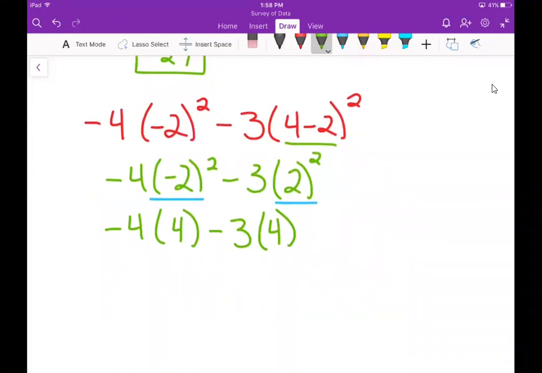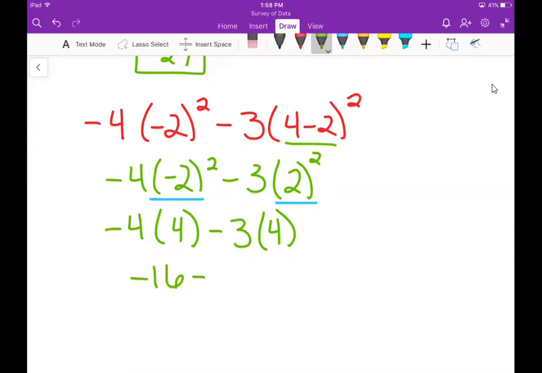Now, what do you do next? We've got multiplication, subtraction, and multiplication. So we need to do the multiplication first from left to right. And again, I can do the multiplication together in one step as long as I do it from left to right. So I can take -4 times 4, that's -16.